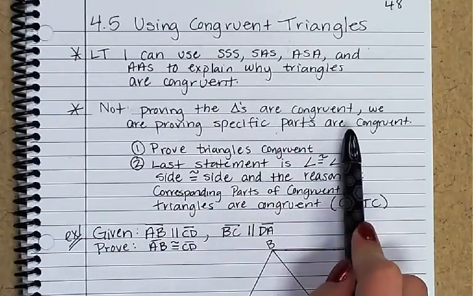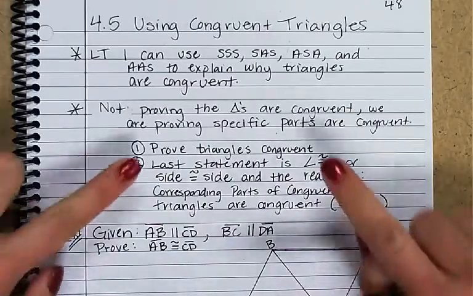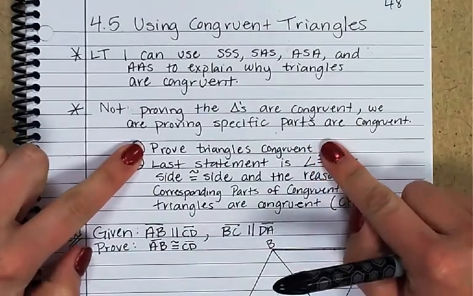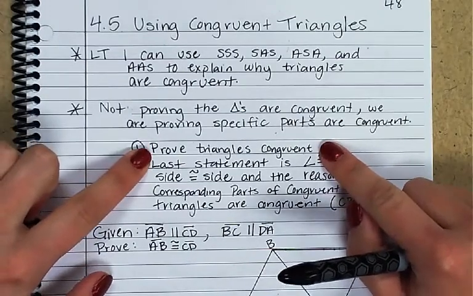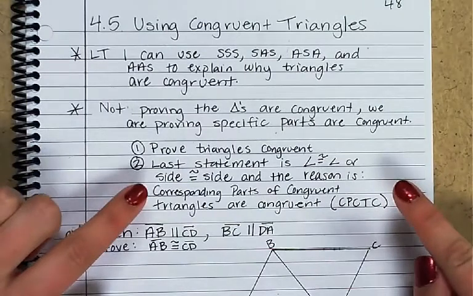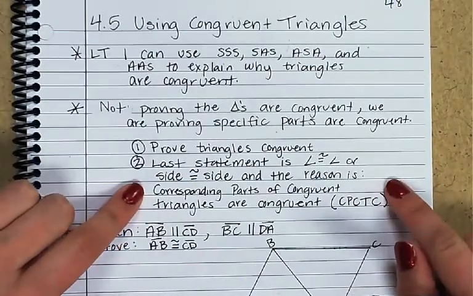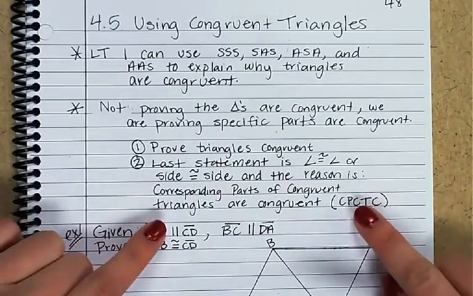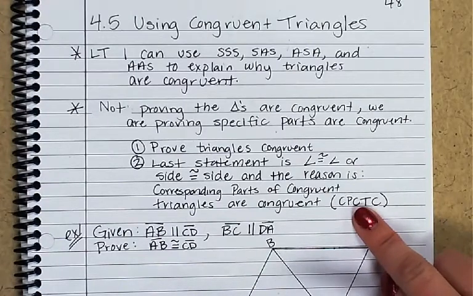To do that, remember we only need 3 things to show that the triangles are congruent. So first we prove the triangles are congruent, and then we use that fact to say that whatever corresponding side or corresponding angle would also have to be congruent, because of the theorem that corresponding parts of congruent triangles are congruent.